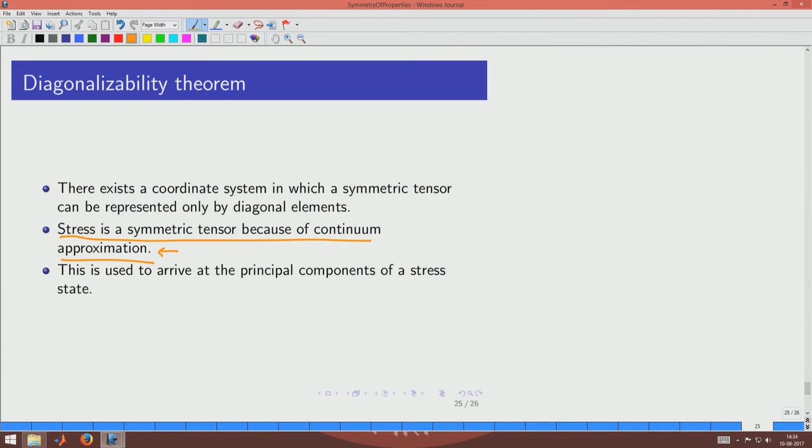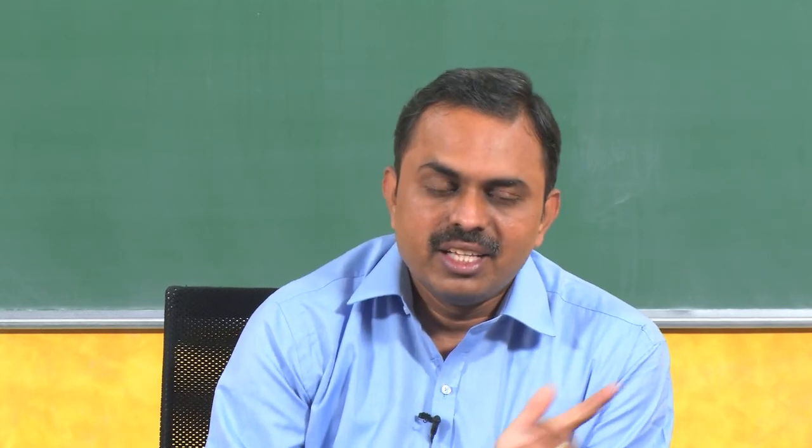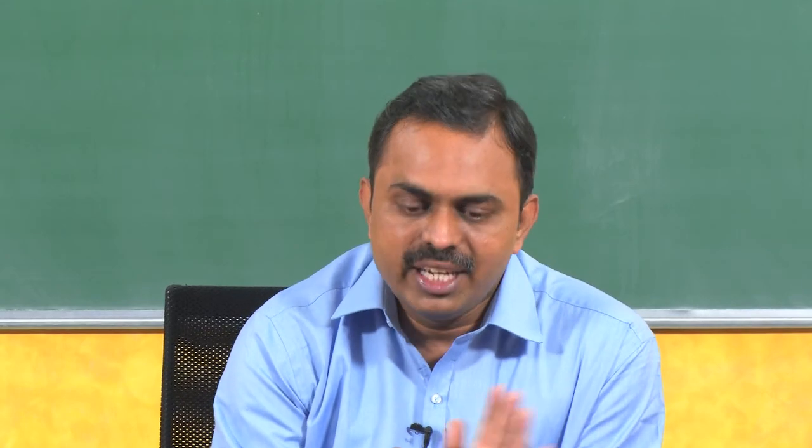And there is a theorem that shows that any symmetric tensor can also be diagonalized. What it means is that there exists a coordinate system in which a symmetric tensor can be represented only by diagonal elements. That is, you can rotate the coordinate axes in such a way that in a particular configuration of the 3 axes, the symmetric tensor will have only 3 diagonal elements.